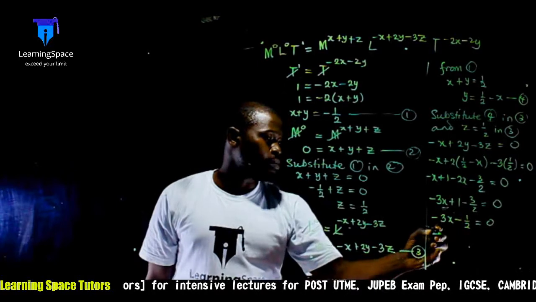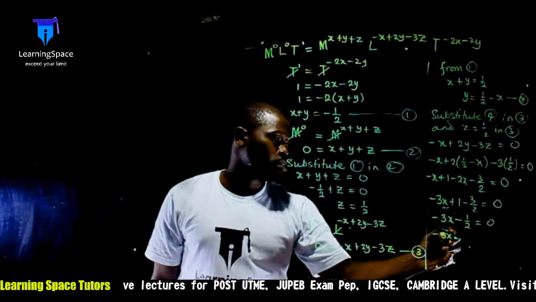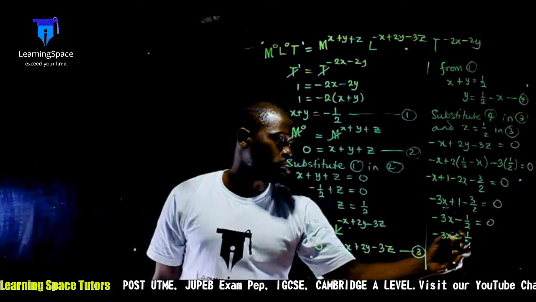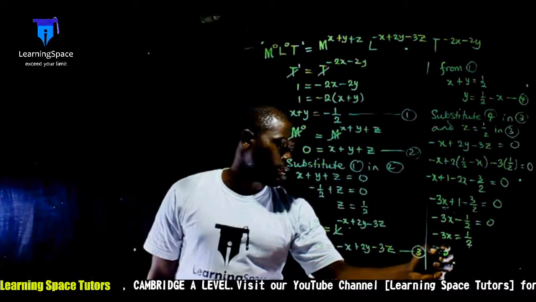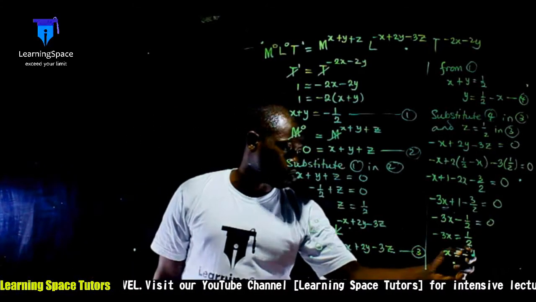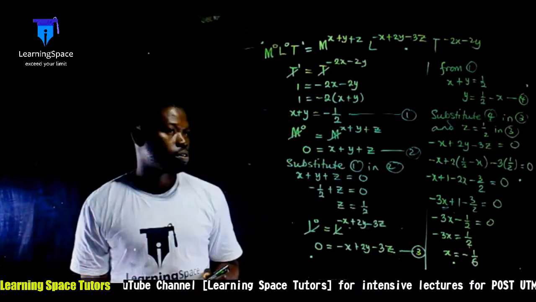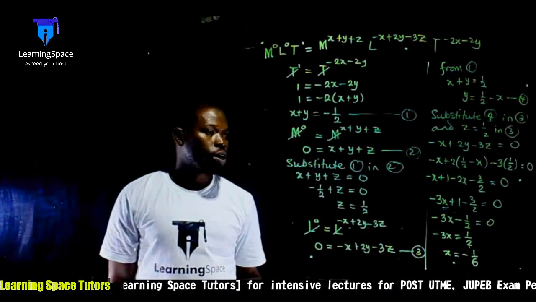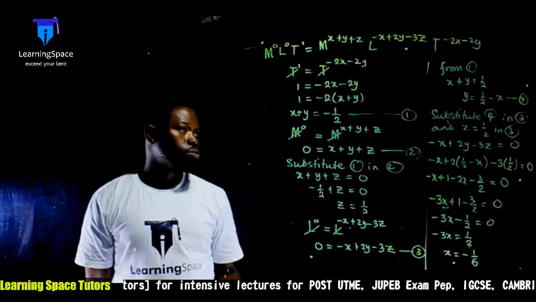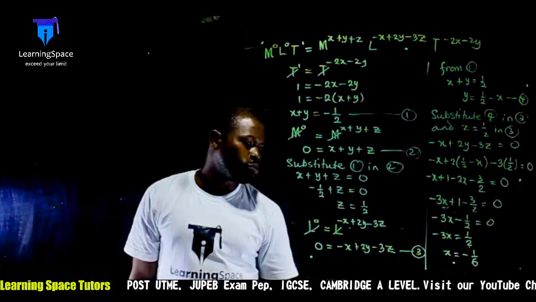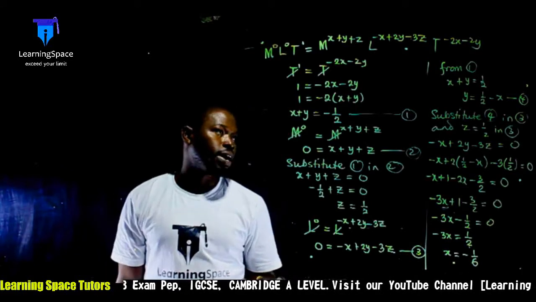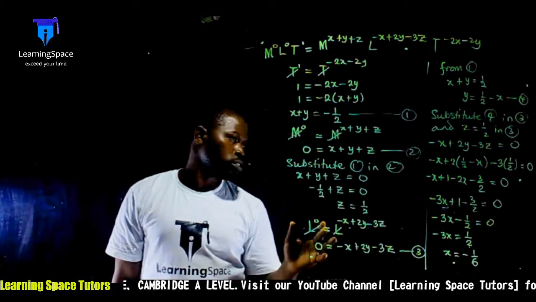So we have minus 3x equal to 1 all over 2. If we make x subject of the formula here, our x is going to be minus 1 all over 6. With that, we have obtained the value of x, and we have also obtained the value of z.